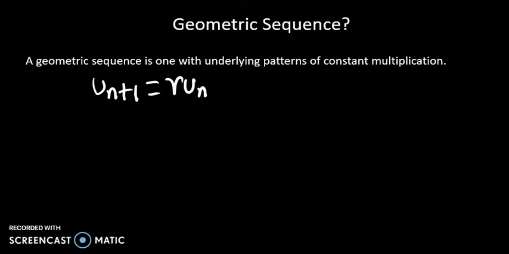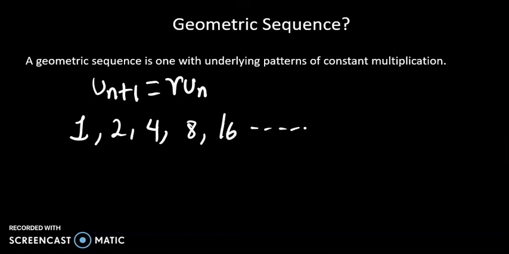Let's say you have a typical geometric sequence: 2, 4, 8, 16, and it continues like this. What I did to the first term was multiply it by 2 to get my second term, and I multiply my second term by 2 to get the third term, and it continues like that.